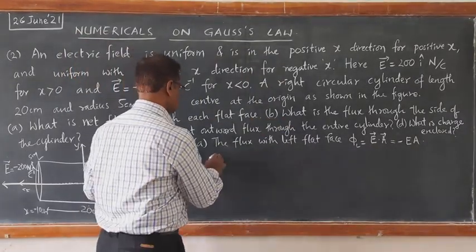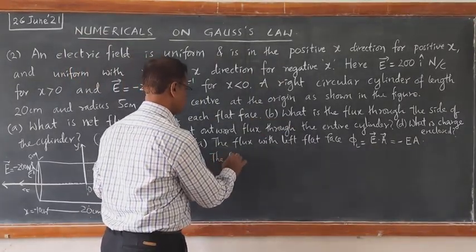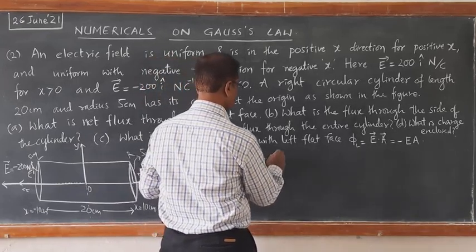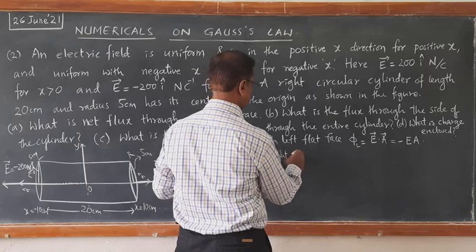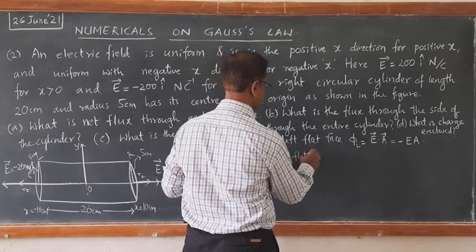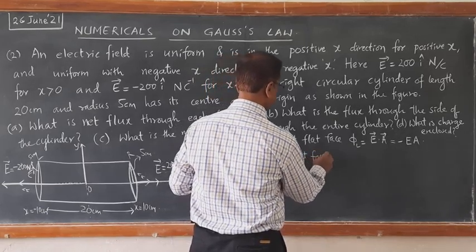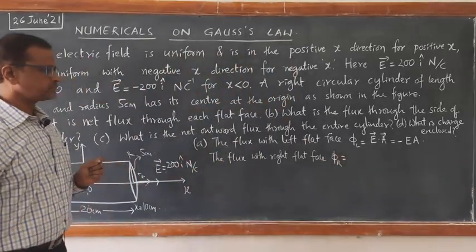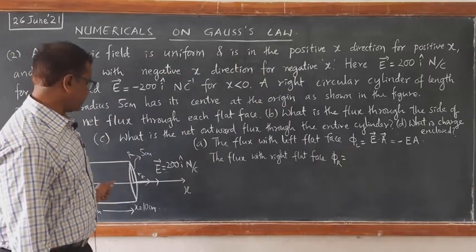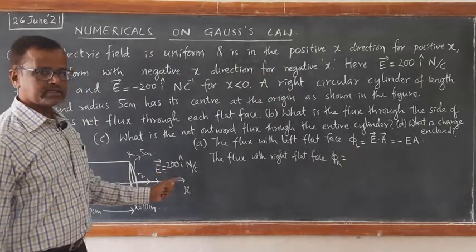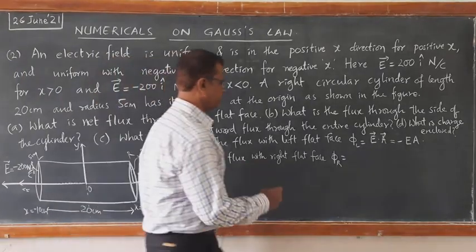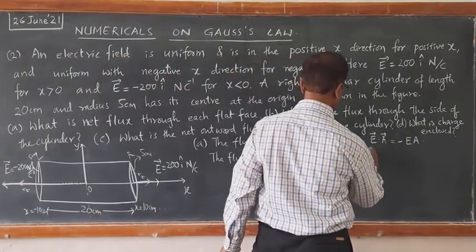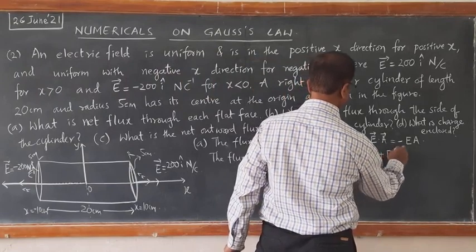Now, similarly, the flux with the right flat face, phi R. Now, look at this. Here the electric field is positive and the area vector is also positive, in the same direction. So, we will naturally get positive flux, E dot A. So, we will get plus EA.